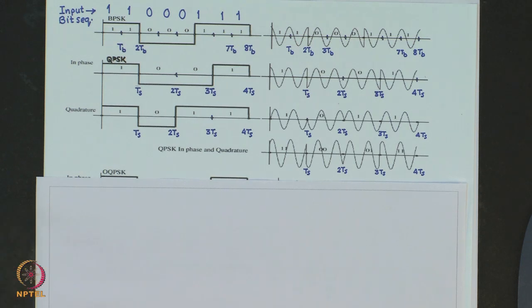So, as long as the phase changes are gradual, amplitude variations in QPSK are smooth and more or less maintain a constant envelope from one state to the other.